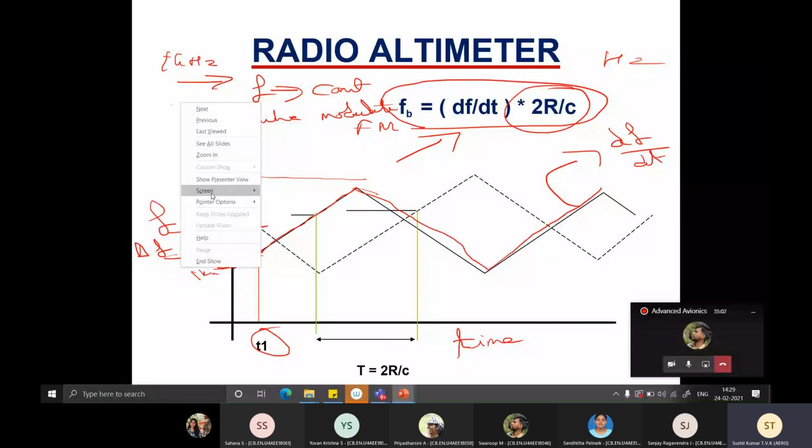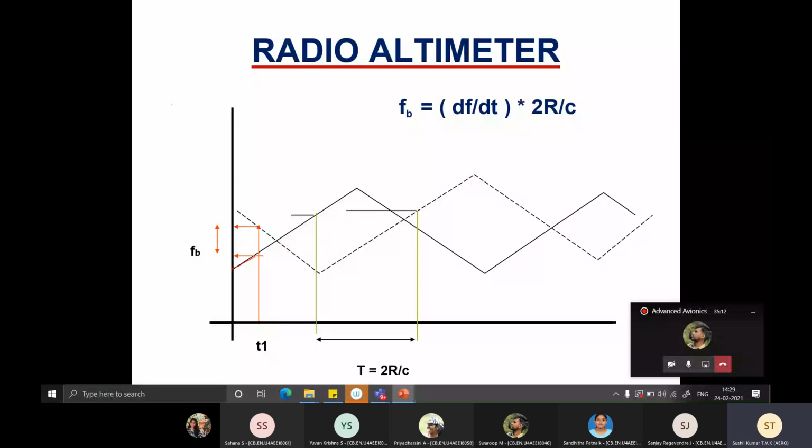This solid line, I'll just repeat it, is the frequency of the transmitted wave. So in time, it's going to look something like this. Frequency is increasing, but amplitude is the same.